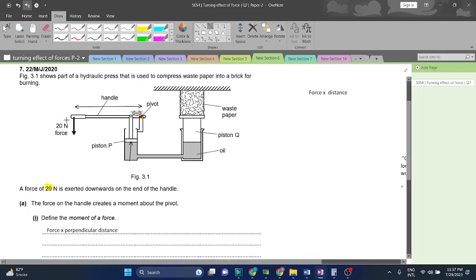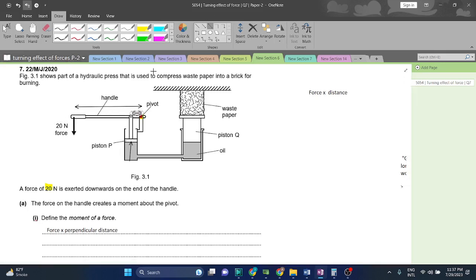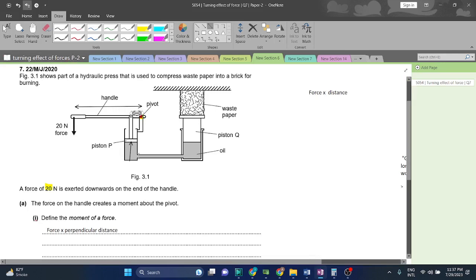While on the other hand, इस 20 न्यूटन वाली force का perpendicular distance होगा from here to here. किसका डिस्टेंस ज्यादा है? 20 न्यूटन का डिस्टेंस ज्यादा है, राइट? तो let's consider this is 10 newtons and this is 50 newtons, 10 centimeters and this is 50 centimeters. Just for explanation sake.